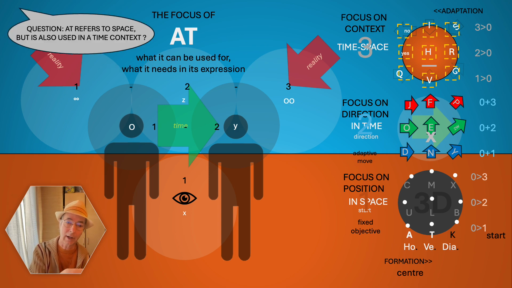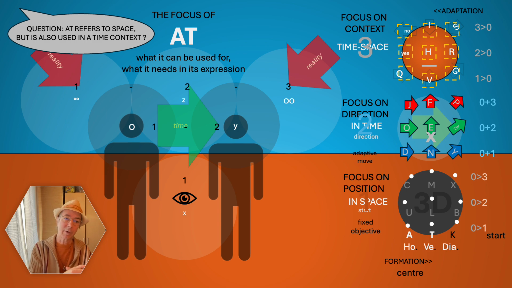And why I will make a video about that simple word "at" once more, it's because I noticed this question, which also refers to my theory, when you see it in the A and the T in my theory, where it is a reference within space of something that can be localized in space.